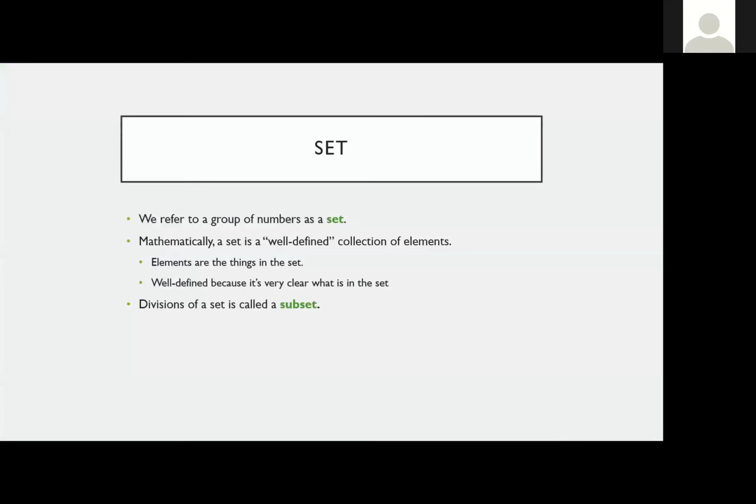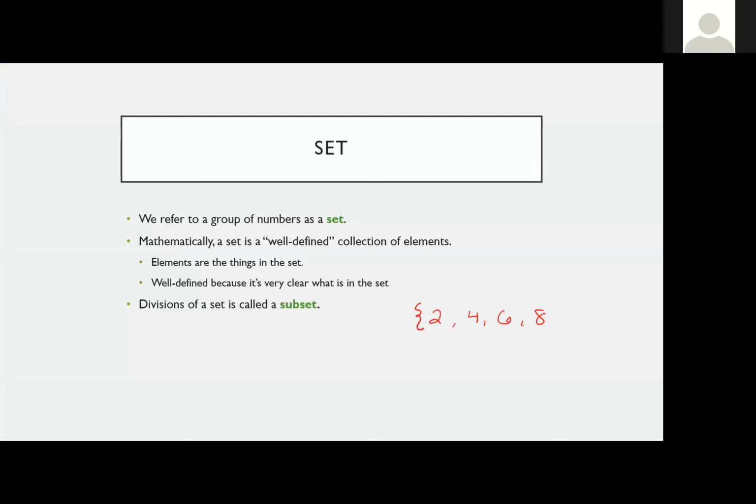So we're going to start with the word set because this shows up a lot. Any group of numbers is referred to as a set. An example would be if I have even numbers. Let's just say I have the even numbers under 10.